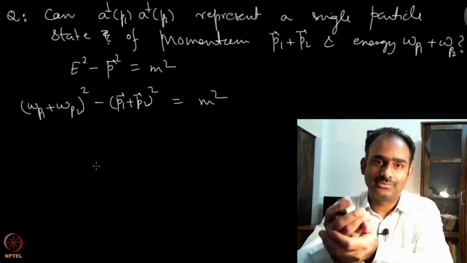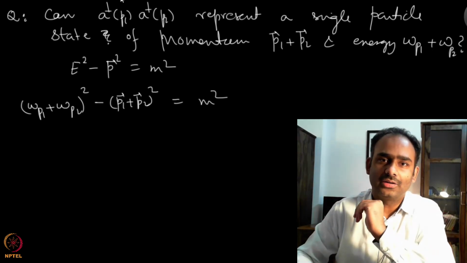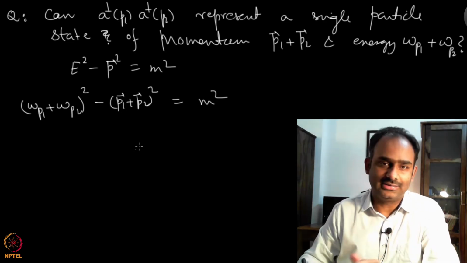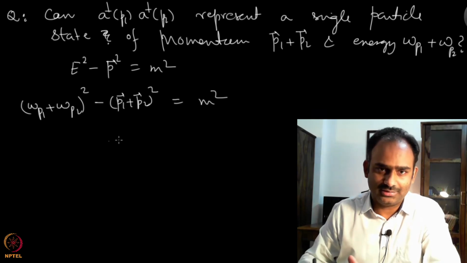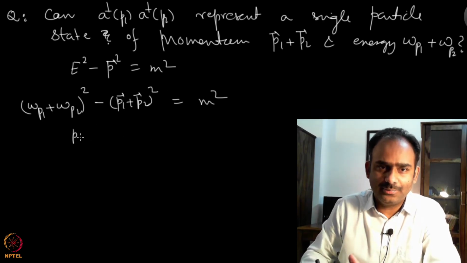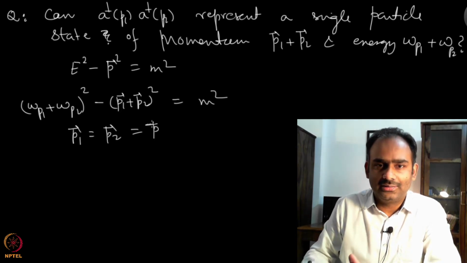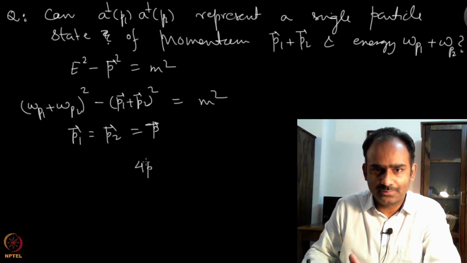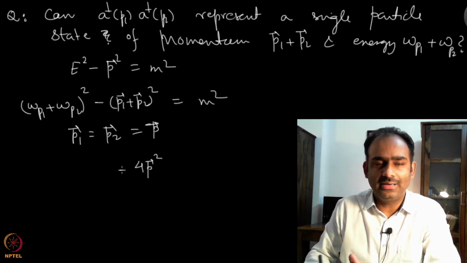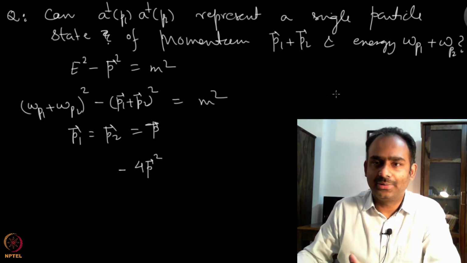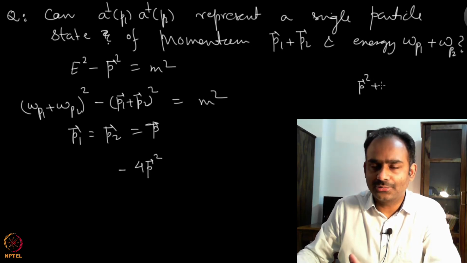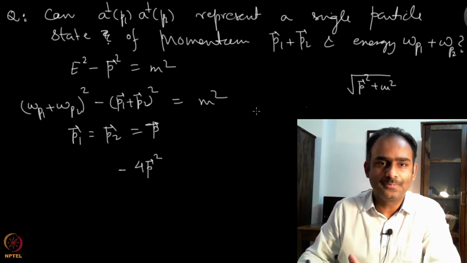I mean, I can act on the vacuum with a dagger p, that I can do, and then I can check easily what happens in that case. So, let me take p1 equal to p2 is equal to p, then you have 2p square, which makes a 4p square here, minus, now omega p1 will become square root of p square plus m square, and the same thing here.